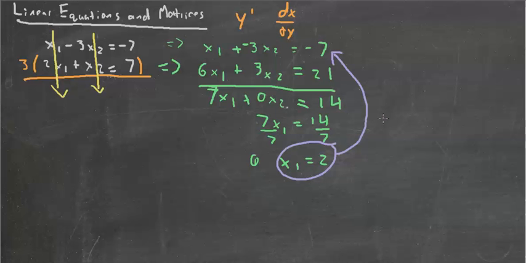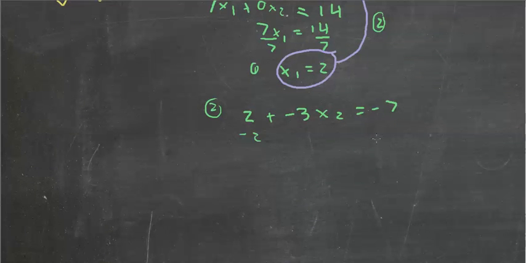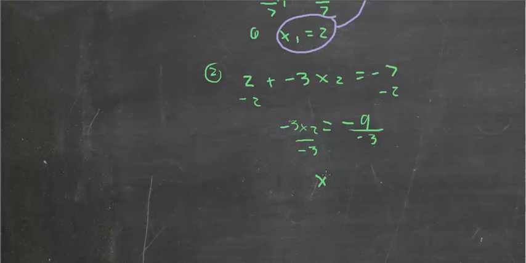Second step, after you plug it in: plugging in 2 for the x1 over here, plus negative 3x2 equals negative 7. And what we're going to do here is subtract 2. Now you're subtracting from a negative, so you're going to get negative 9 equals negative 3x2. Negative 3 divided by negative 3, the negatives are going to cancel out, and you're going to get x2 is equal to 3, and then your x1, of course, equals 2.